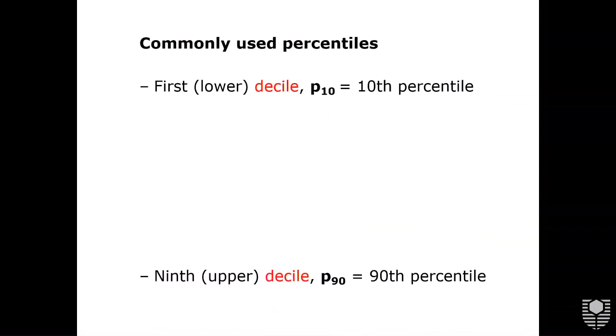So commonly used in statistics, even in academic, when you report your data, you have to divide your percentiles into 10. The first decile or lowest decile equal to 10 percentile, and the highest or upper decile equal to 90 percentiles.